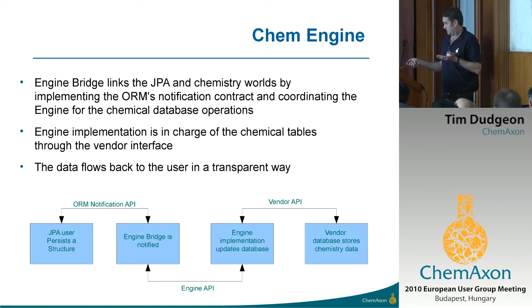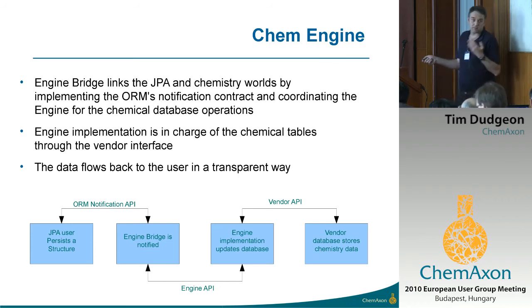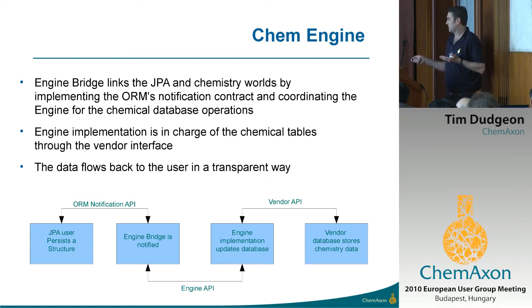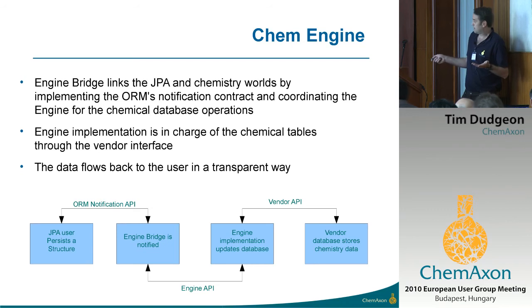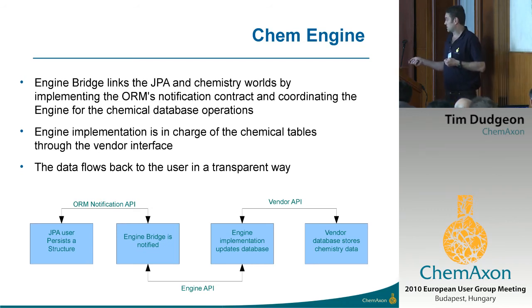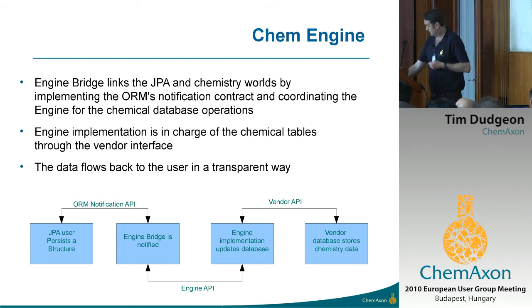The bridge then calls down to the engine, which is the chemistry engine implementation. That might be a cartridge, or it might be JChem Base. And the engine then uses its specific implementation, the JChem Base API or the JChem Cartridge SQL, to actually store the compound in the database.